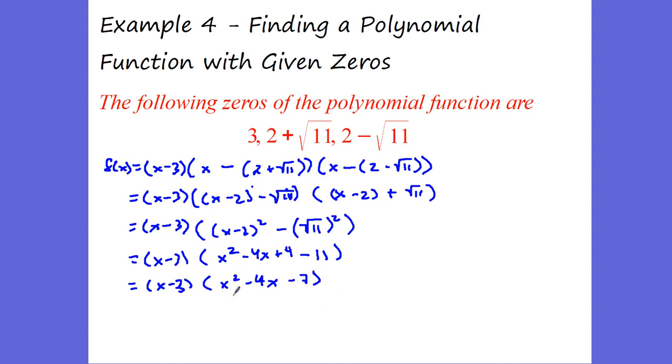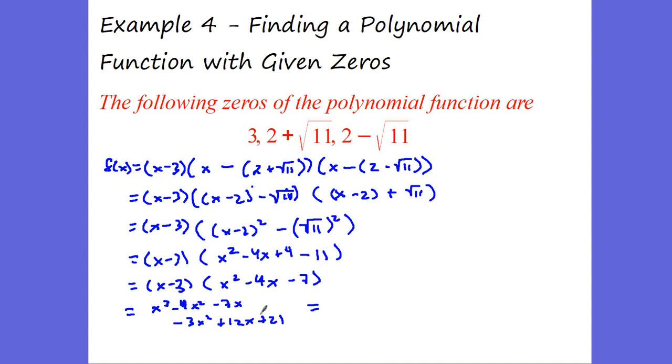And now I can do my last bit of FOILing. I'm going to take my x, I'm going to multiply it through, so we have x cubed minus 4x squared minus 7x. Then I'm going to take my negative 3. Negative 3 times x squared, that's negative 3x squared. Negative 3 times negative 4x, that's plus 12x. Negative 3 times negative 7, plus 21.